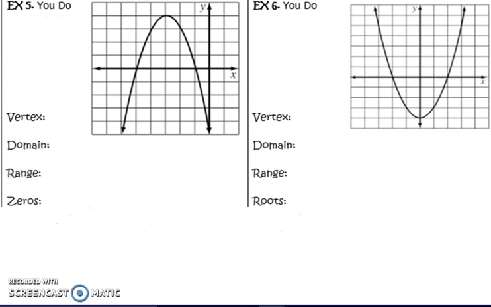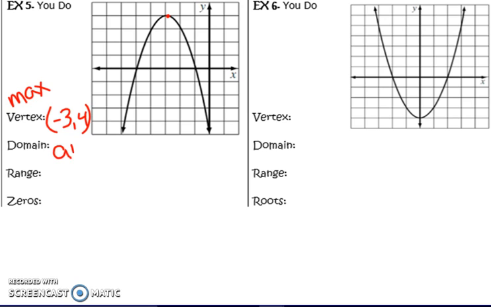If we look at example 5, my vertex cuts it in half, so I'm at the point (-3, 4), and that is a maximum because my graph is pointing down.